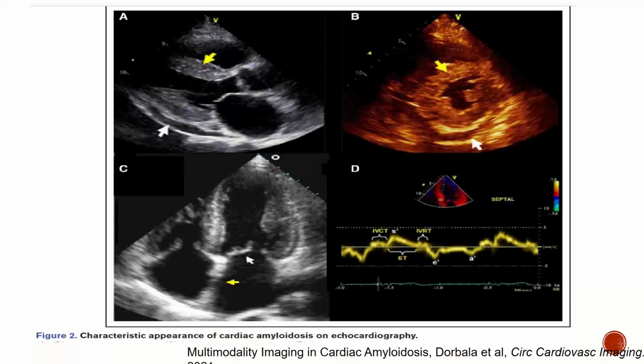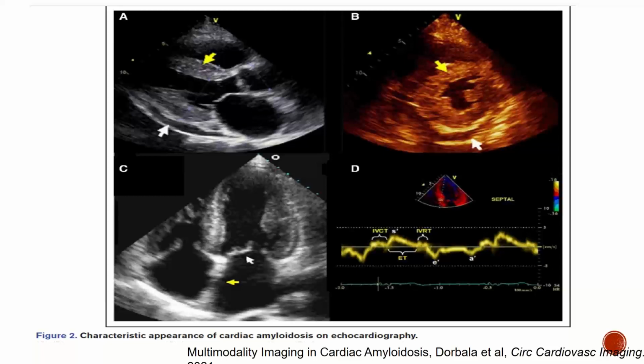A very important feature to look at, especially in advanced amyloidosis, is what's called the 555 sign. If you look at this tissue Doppler, you can see that this is 5 and this is 5. So S prime, E prime, and A prime are less than 5. So 555 is a sign of advanced amyloidosis, when they have advanced restrictive disease.